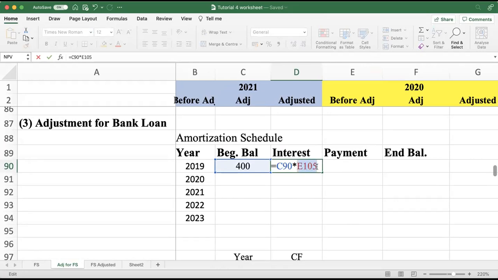You can fix this value by putting dollar marks: select the cell, then press F4.